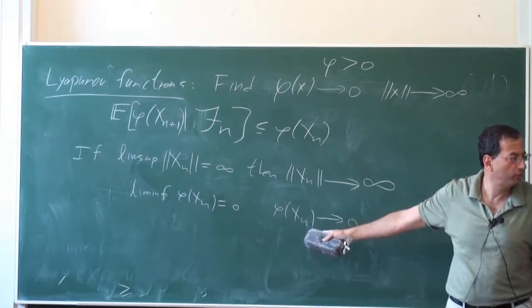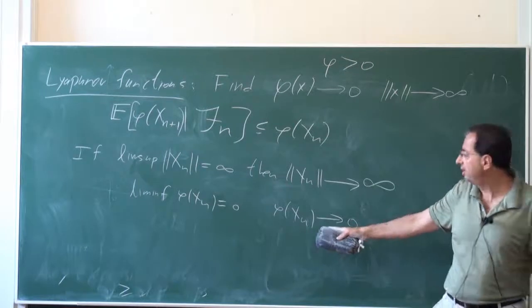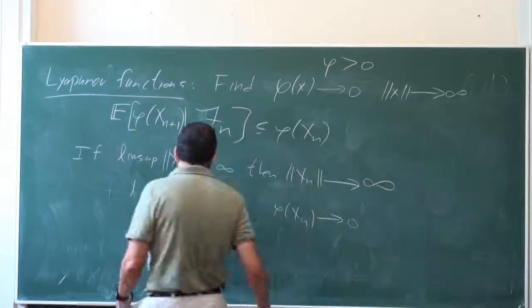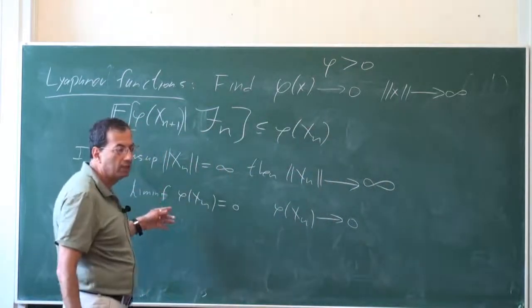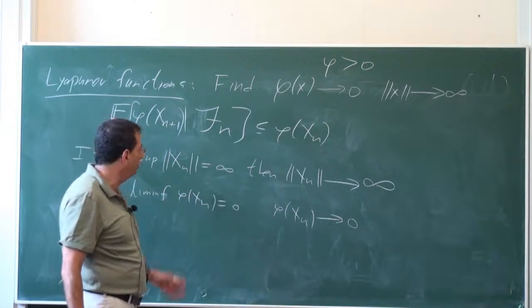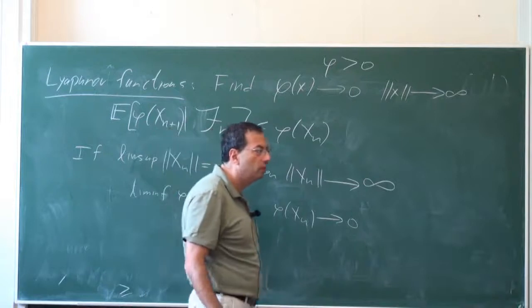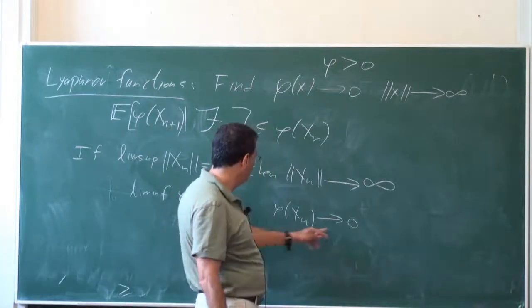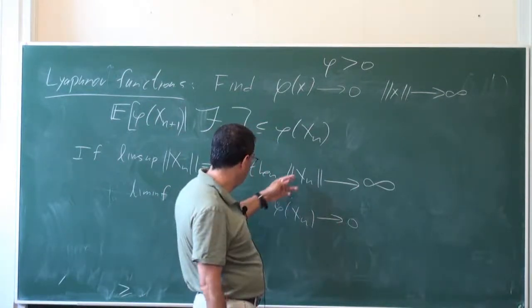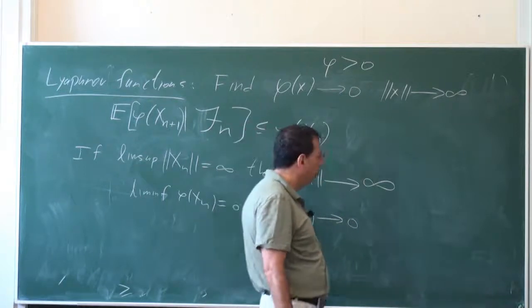We just used the superharmonic property. This inequality just means that phi of X_n is a supermartingale, and it's a non-negative supermartingale, so you just apply supermartingale convergence. Phi of X_n goes to 0, and that implies that the norm of X_n goes to infinity.